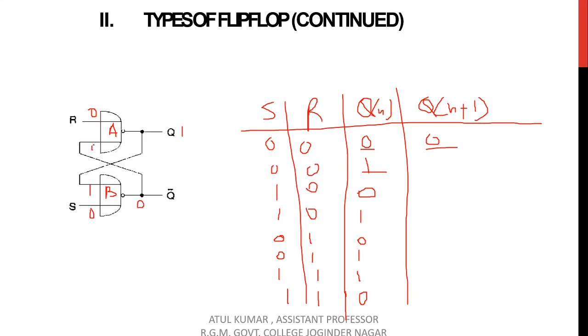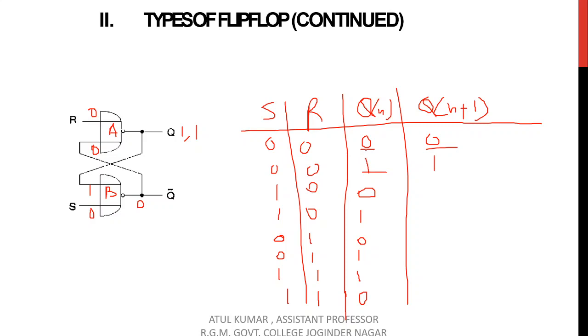So the 0 is given as an input for the first NOR gate, and here the input value is 0 0, so the output here is again 1.